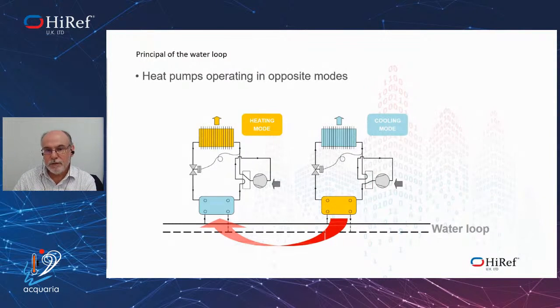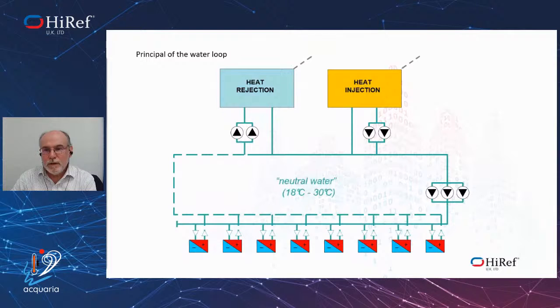As you're heating up the apartment or retail space, the loop is getting colder, and so you have to put heat into it. So you end up with a system which is injecting heat or rejecting it to keep this neutral water between ideally 18 and 30 degrees.